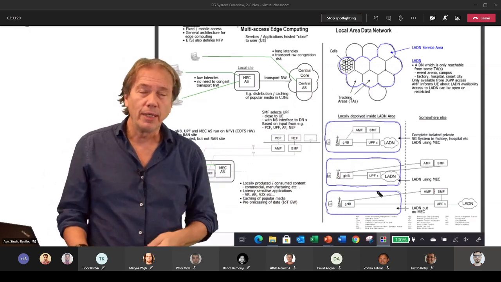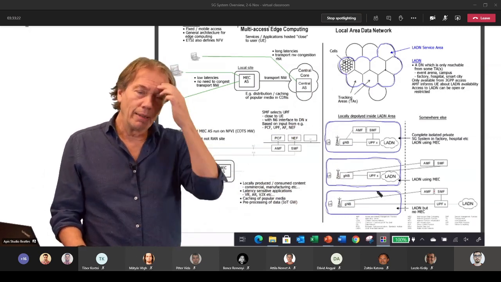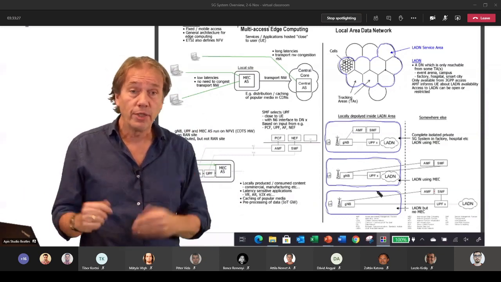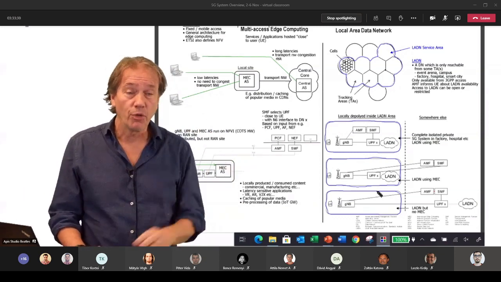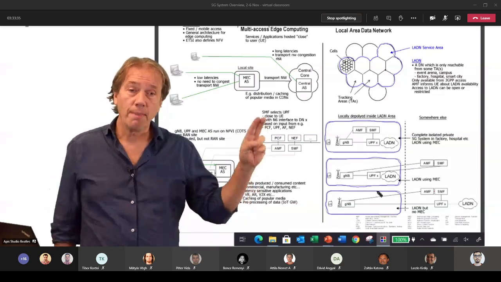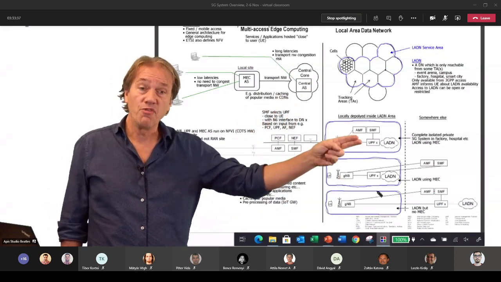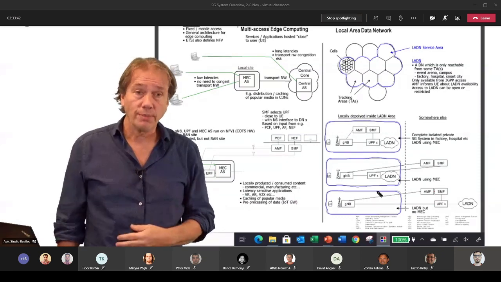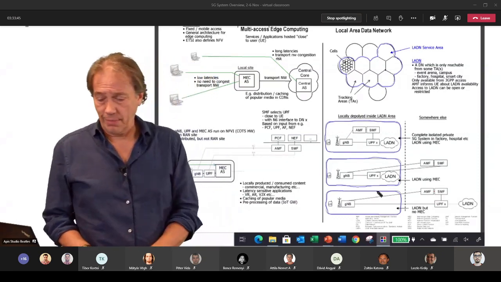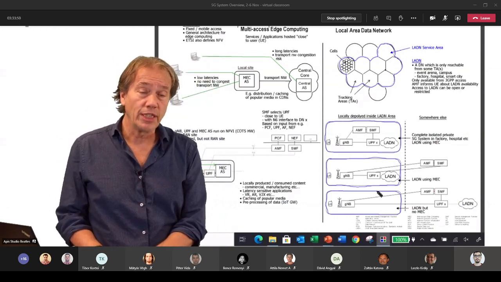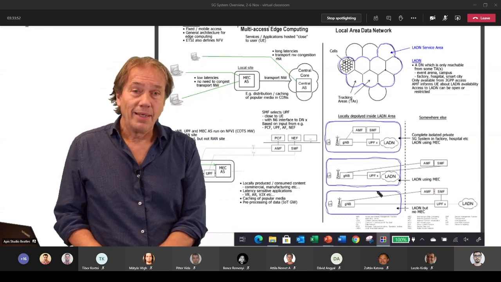Or maybe we will say that, in the beginning, there was something called local area data networks. Nobody ever used it. It turned out to be a bad idea, so everybody forgot about it. So I think it's too early to say, but this is a feature or a possibility in 5G, which I think is interesting. I can definitely see some nice use cases for it, but once again, we have to wait and see.